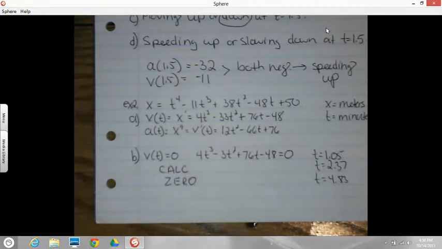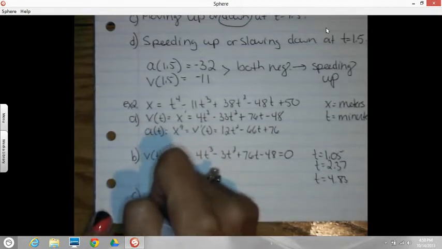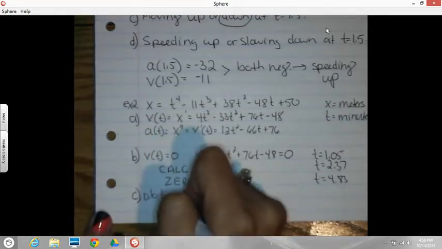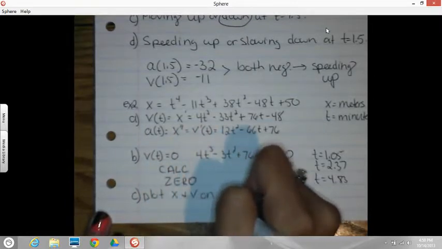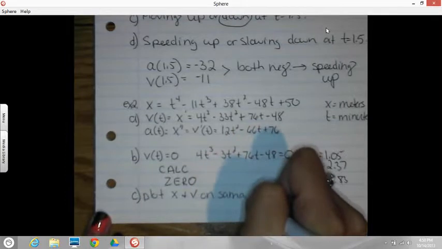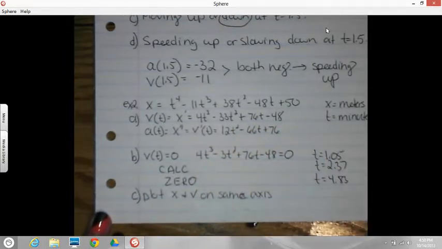Okay, it says plot both, X and V on the same axis. And it says, tell what is true about displacement whenever velocity equals 0. So we've got the 3 spots where velocity equals 0. I want to know what's happening on the original distance graph.